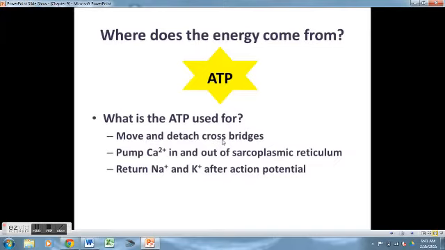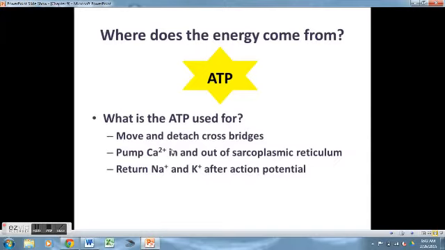We also have to have ATP to run the calcium pump, to pump calcium back into, that should just say into, not out of, just into the sarcoplasmic reticulum. And we're going to need that sodium-potassium pump to return sodium to the outside of the cell and potassium to the inside of the cell after an action potential has passed.